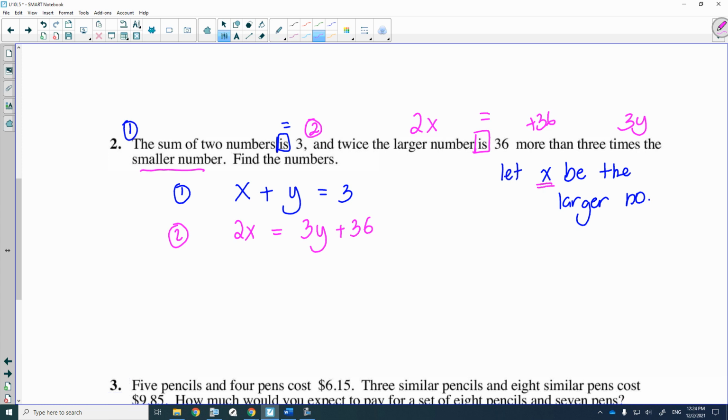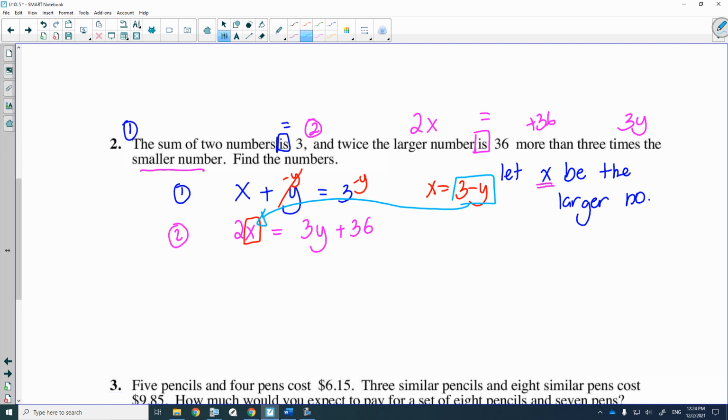You could do substitution in one step over here by subtracting y from both sides, or you could do elimination in one step by subtracting 3y. You decide, okay? If you like substitution, x is equal to 3 minus y, and you put that in here. So if you like substitution, that's what you'd be doing.